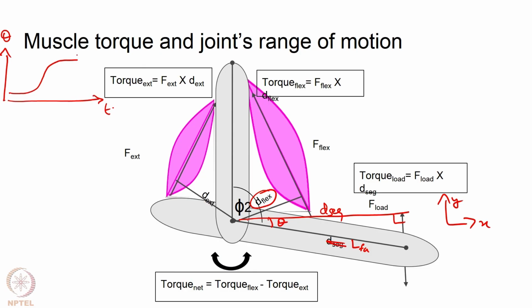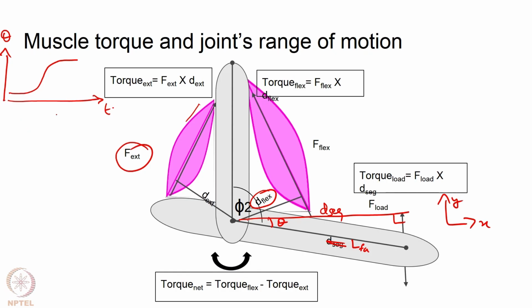If it is a slow movement, and increasing theta is considered extension, say for example, then only the extensor will be active.